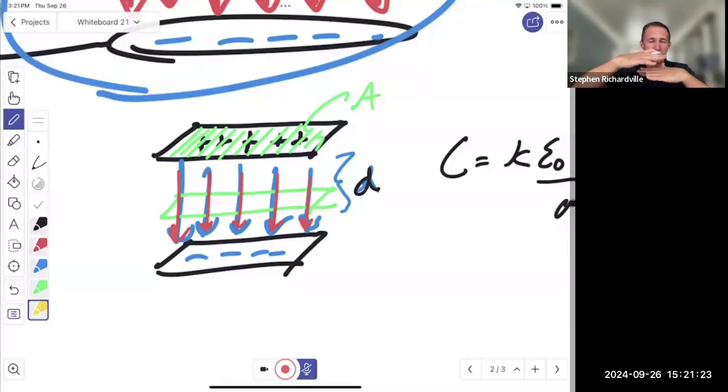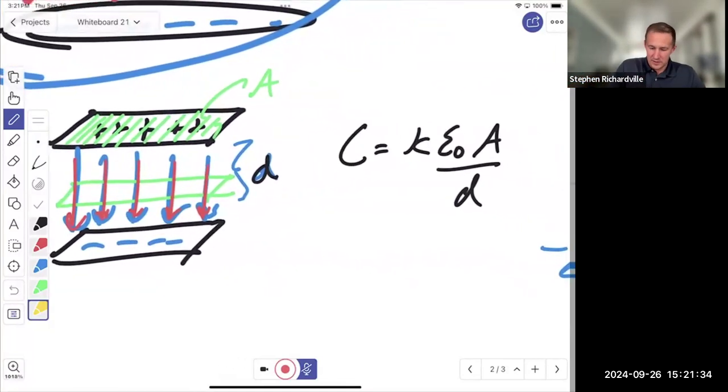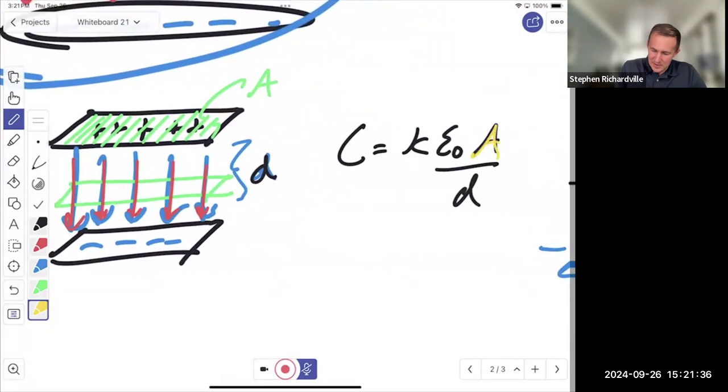We're just storing negative on one and a deficit of negative on the other. We've removed negatives from one side, we've added negatives to the other side, we've created a differential. And we want a huge area and a small separation distance. Sometimes, if they get too close, the electrons will jump.